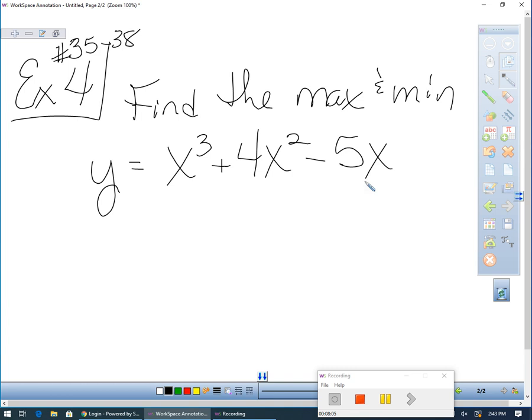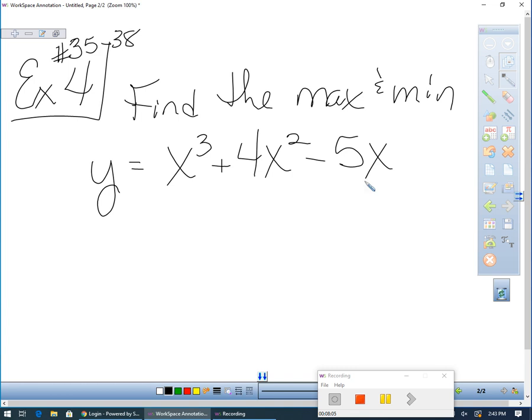First thing I want you to do is grab that wonderful graphing calculator you have in front of you. Type that equation into y equals.